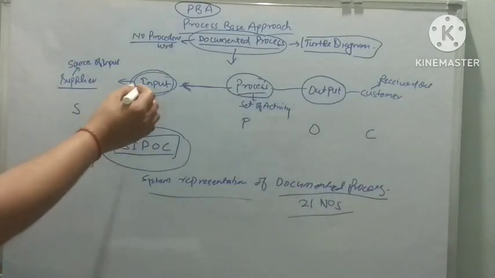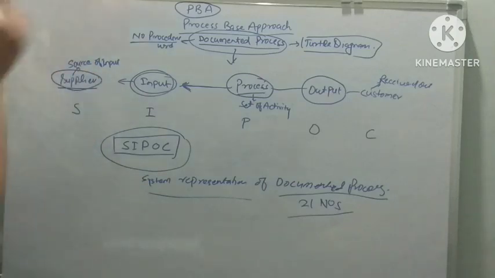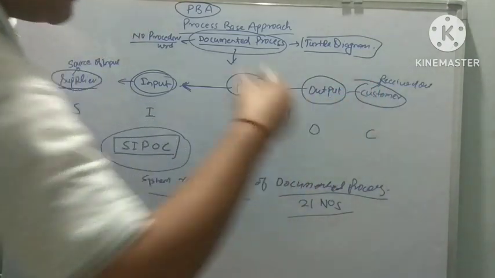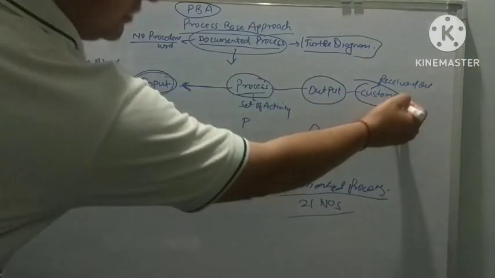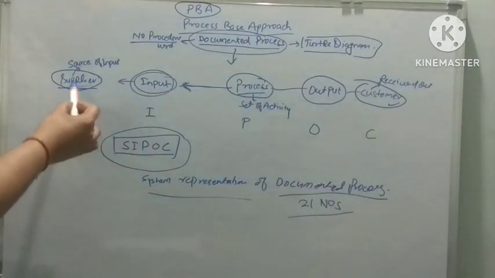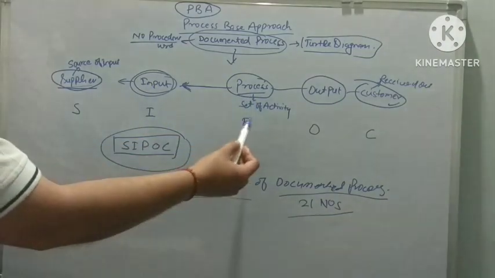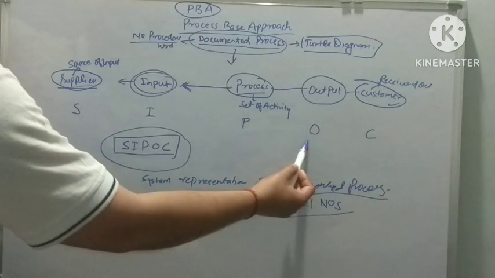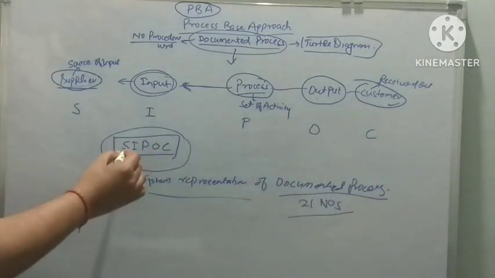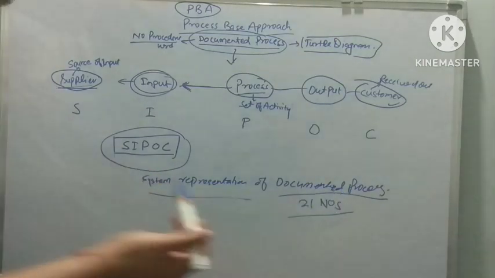Input has a source, which is called the supplier. Output is sent somewhere or received by some person, who we call the customer. So S means supplier, I means input, P means process, O means output, and C means customer. This is SIPOC.